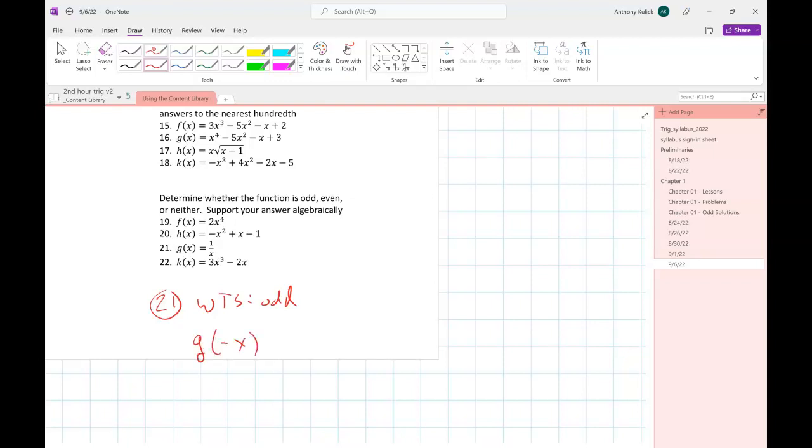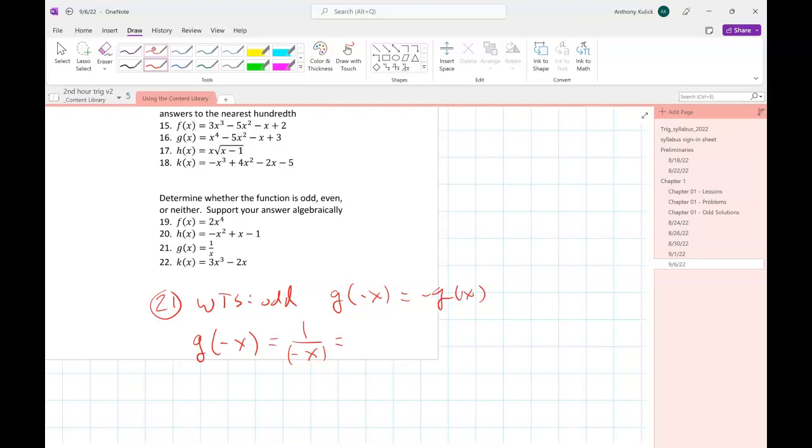So to show something is odd, what I need to show is g of negative x is equal to negative g of x. So if I do g of negative x, it means I'm just going to be plugging negative x in for x.